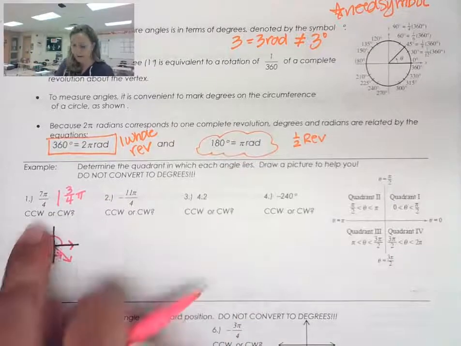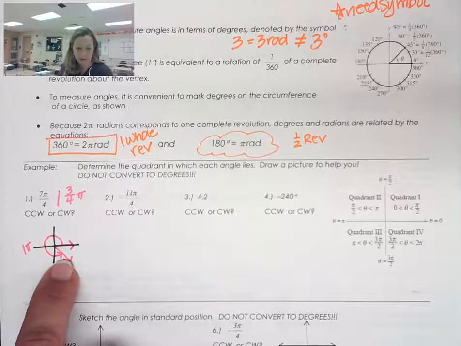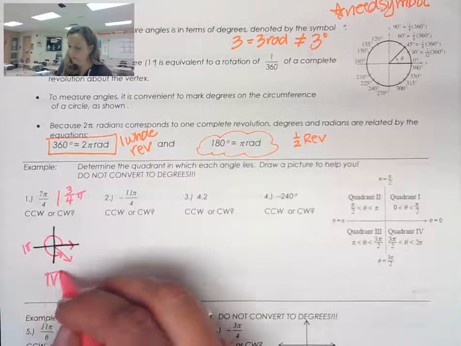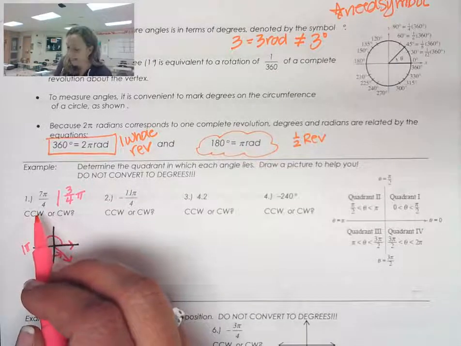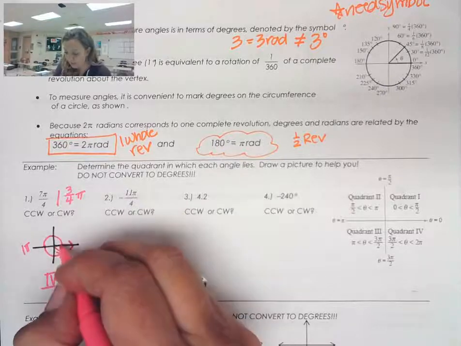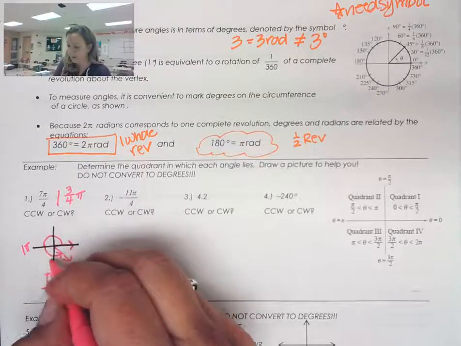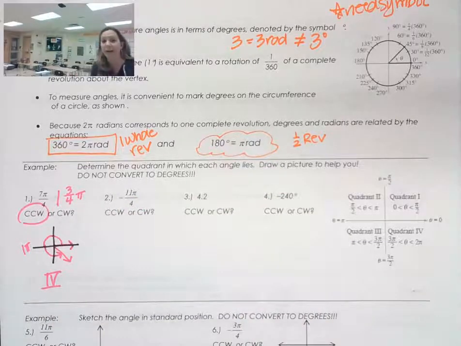Remember, this is 1 pi, and then 3/4 would be 3/4 of the way around. We should notice that that's going to land in quadrant 4. Oh, sorry. Because it was positive, I knew that I needed to go counterclockwise. So I start in quadrant 1 and I work my way around. So I went counterclockwise because it was a positive angle.